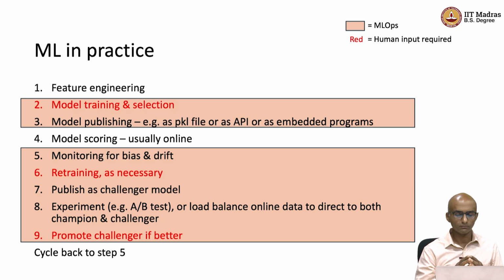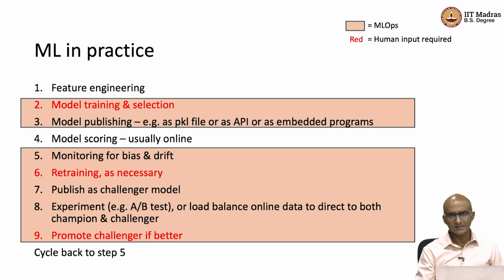You load balance the traffic so that both these models get tested out, essentially what's called A/B testing. And then eventually you will like the challenger model or not. If you don't, you discard. If you like it, you promote it, and it becomes the next champion. And then the cycle continues as the data set evolves, etc.